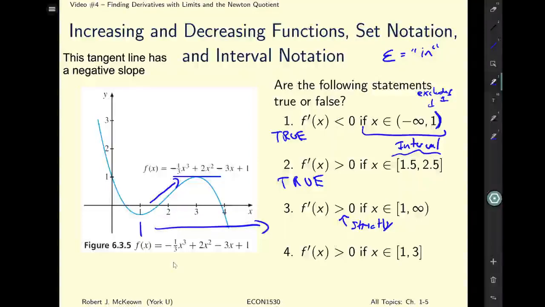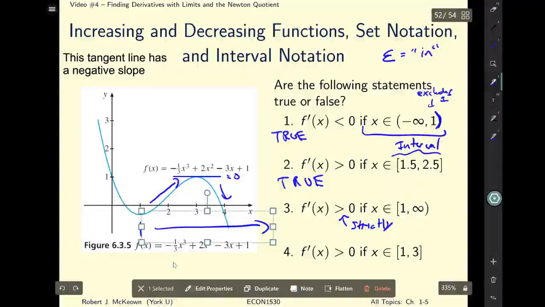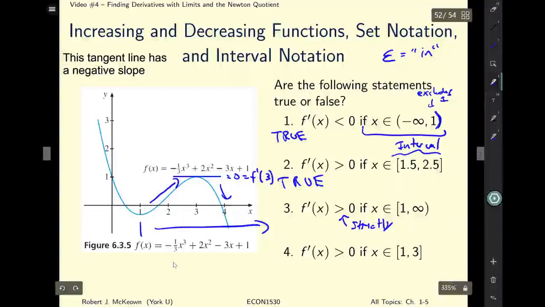It hits what we'll later call a local maximum. And then it's going down. And so we can see that f prime is equal to 0 here, when x is equal to 3. And so this is definitely false, because it also includes all this space out here.